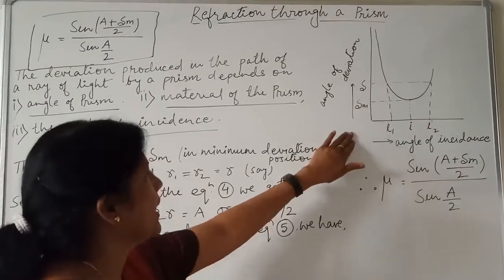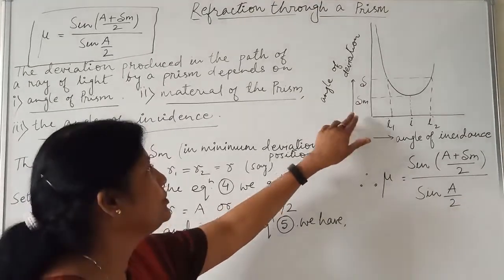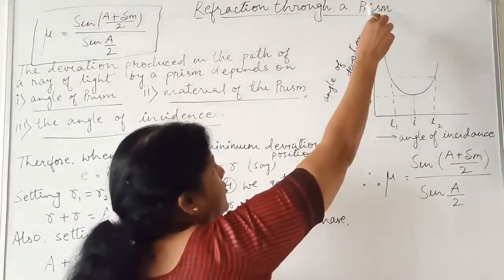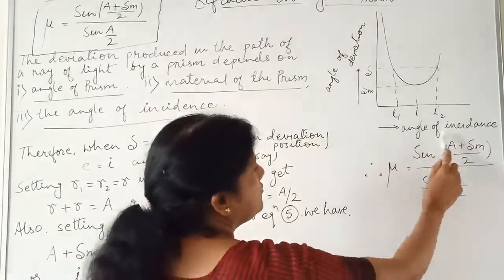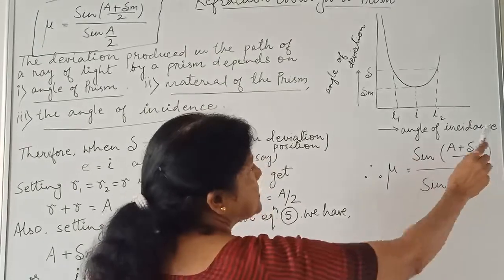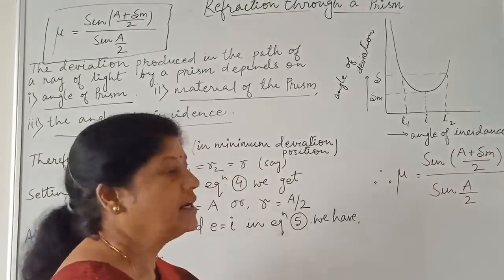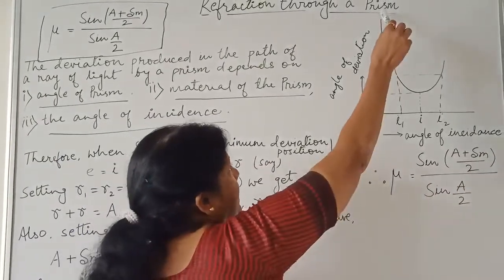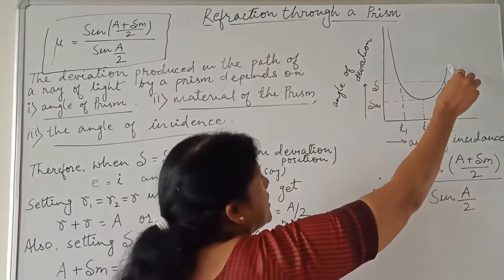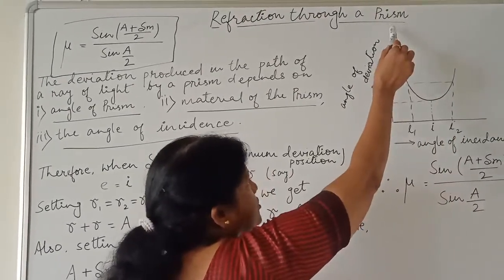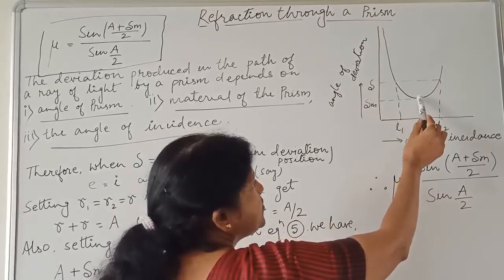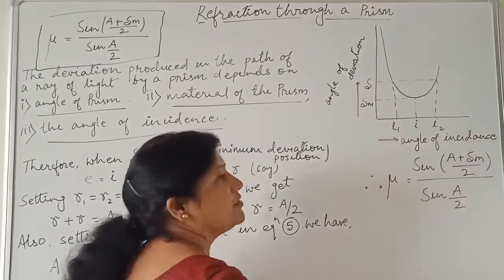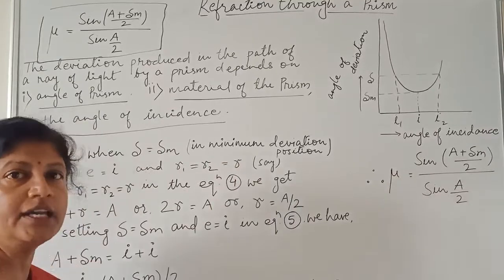The graph is plotted between the angle of deviation on the y-axis and the angle of incidence on the x-axis. In this case we get this type of graph. First it decreases, and after reaching this point the curve increases again.